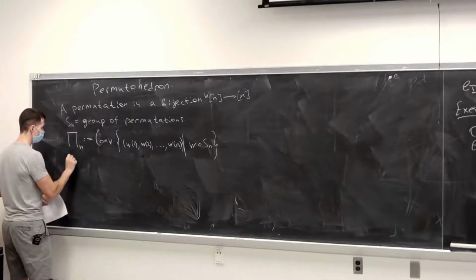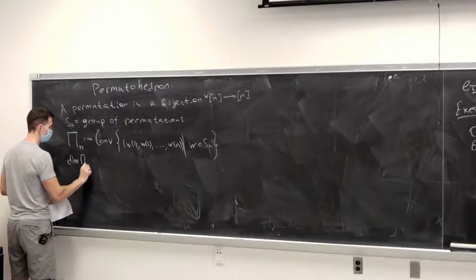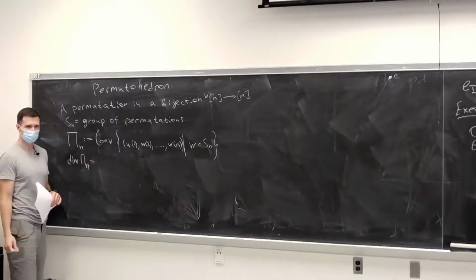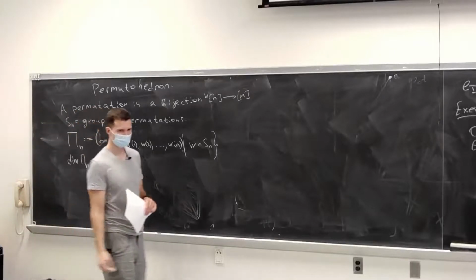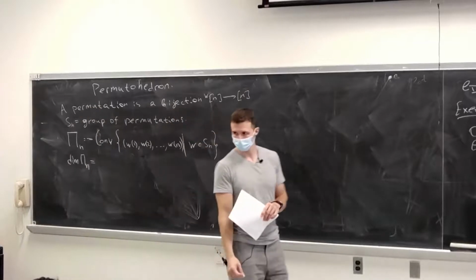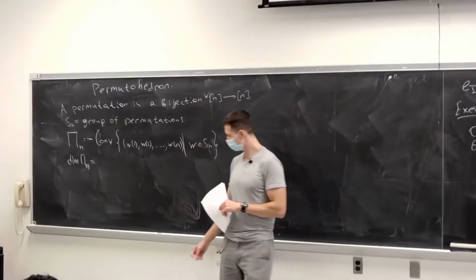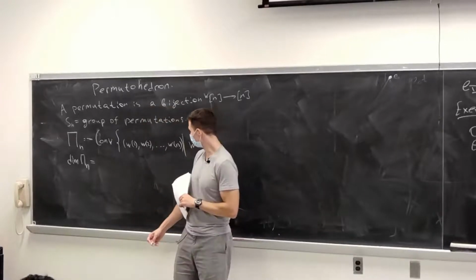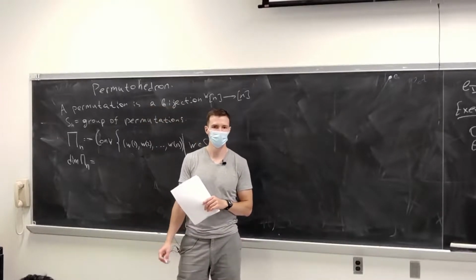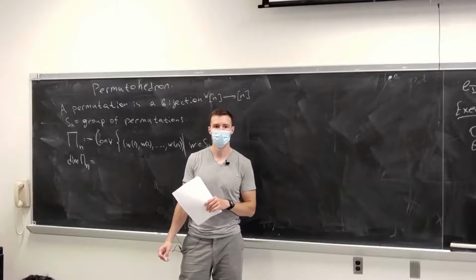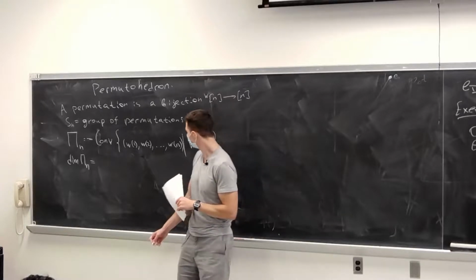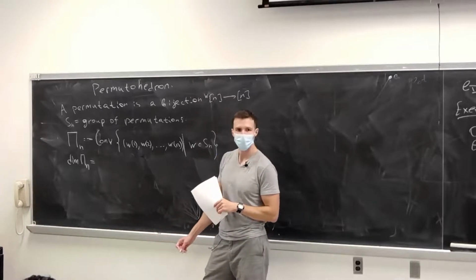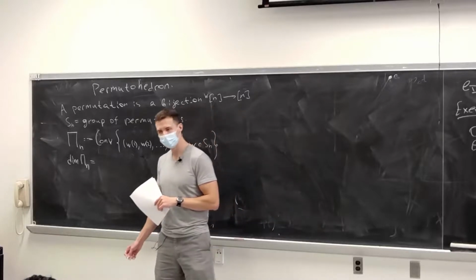What is the dimension of the Permutahedron? N minus 1. Okay, and why is that? Nice.